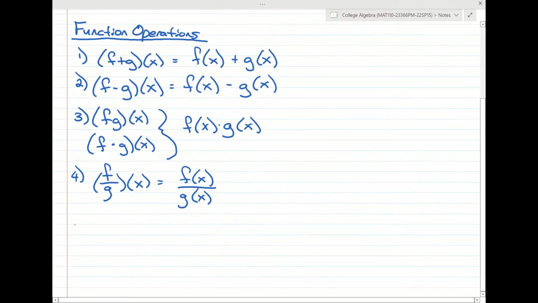Just one other function operation, and that's f with an open circle, g of x. This means you plug g of x into f.